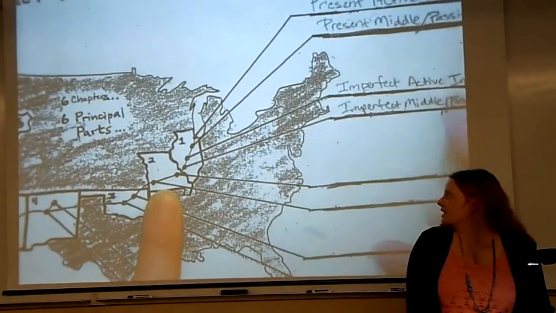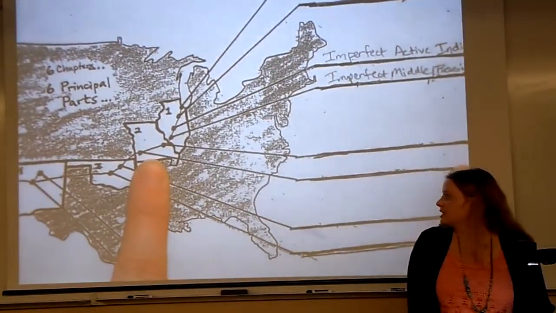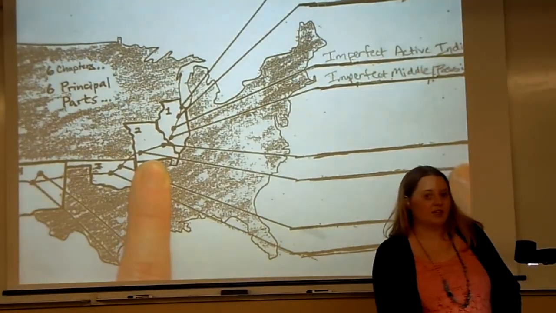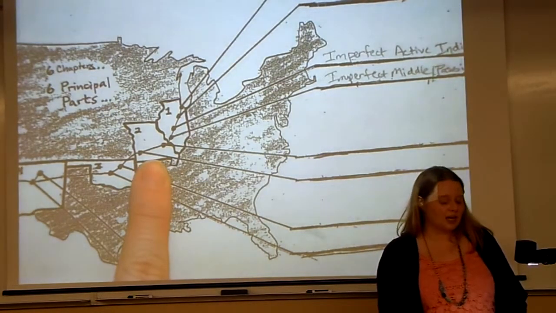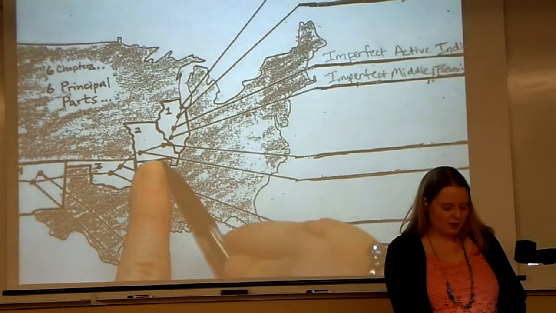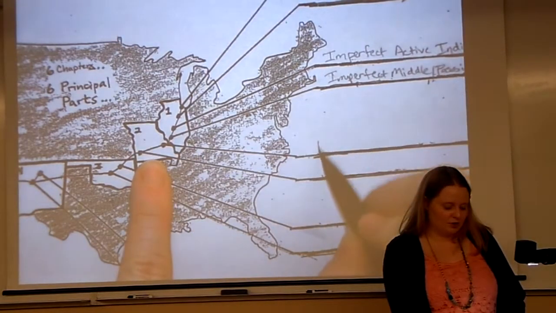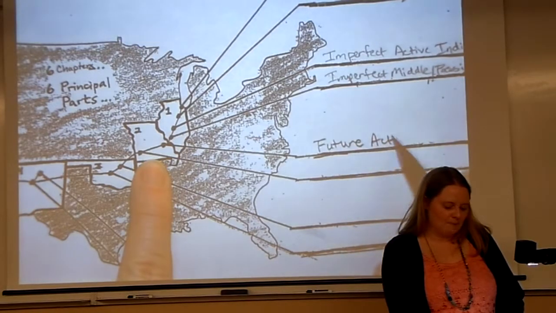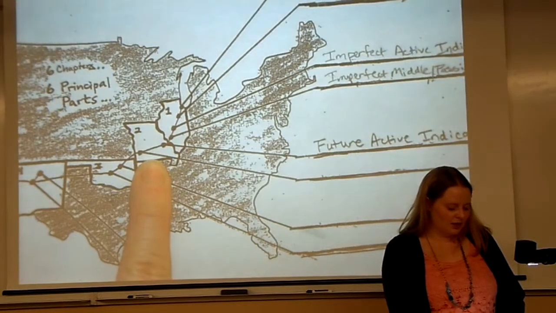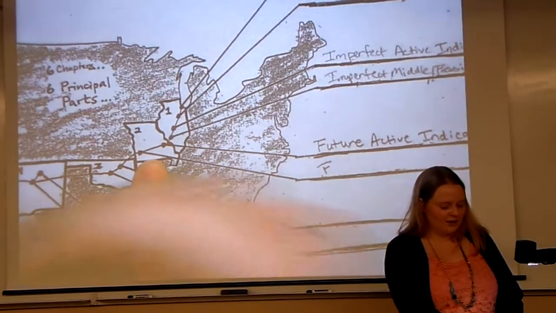However, we're moving on in lesson 12 to a different tense that you can't just necessarily build on the same stem. It works for this verb, but it's not going to work for every verb. We call them the future active indicative, and then the future middle indicative. Not passive, just middle. The passive, you'll see, goes all the way out in California.